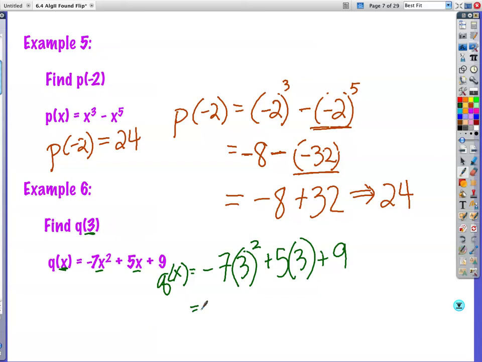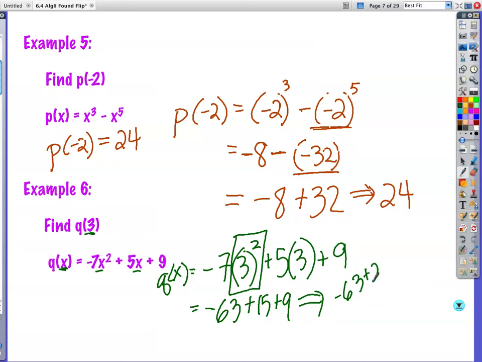So now I have, and this is where I have to be careful. This math happens first. So I have 9 times negative 7, which is negative 63, plus 15, plus 9. All right, let's keep going. We have negative 63 plus 24. 24 to 64 is about 40 away, so we're at negative 39.